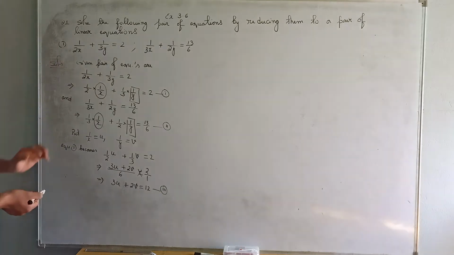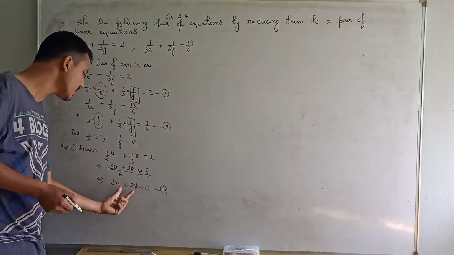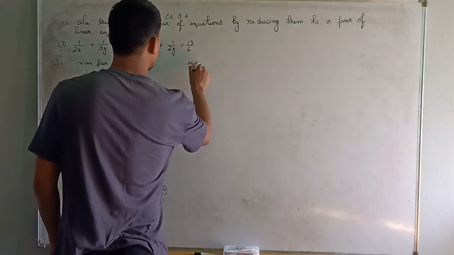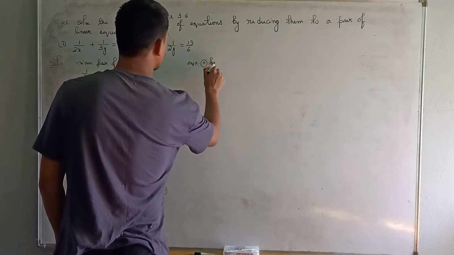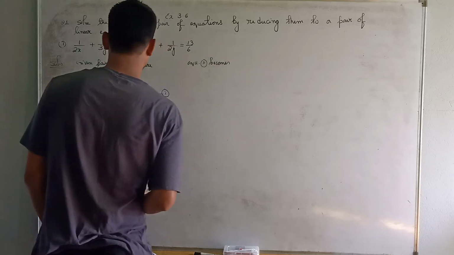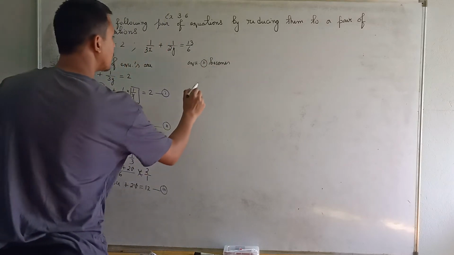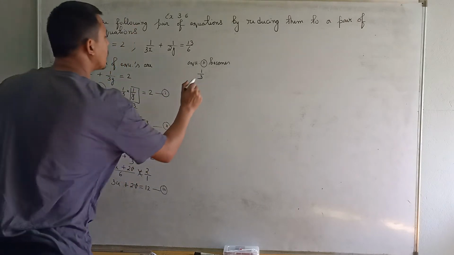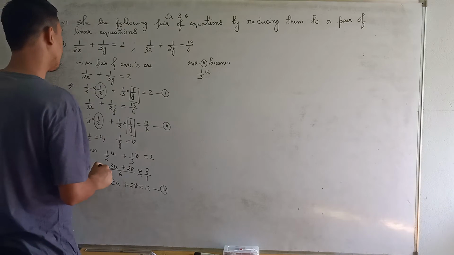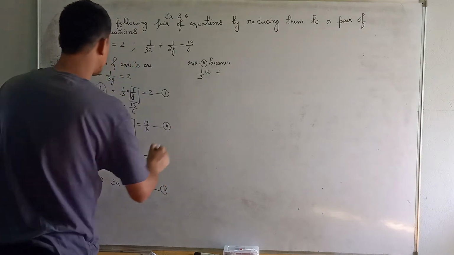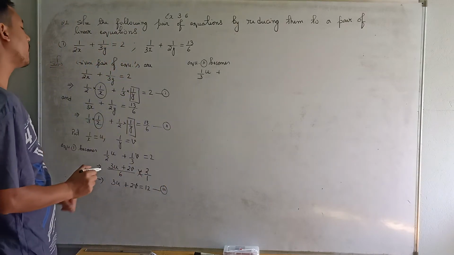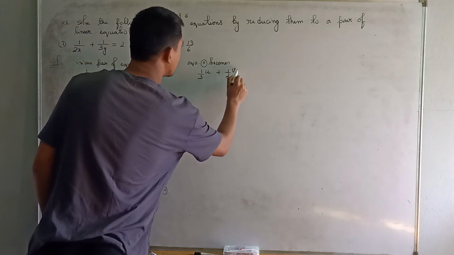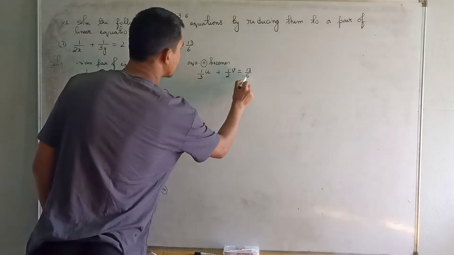Similarly, your equation 2 also becomes something like this. What does your equation 2 become? Equation 2 becomes 1 by 3 times 1 by x, but 1 by x is u, plus 1 by 2 times 1 by y, but 1 by y is v, so 1 by 2 times v is equal to 13 upon 6, right?